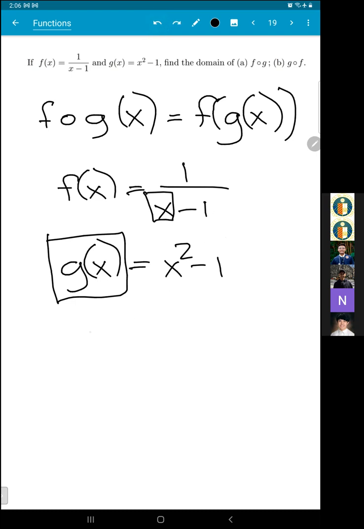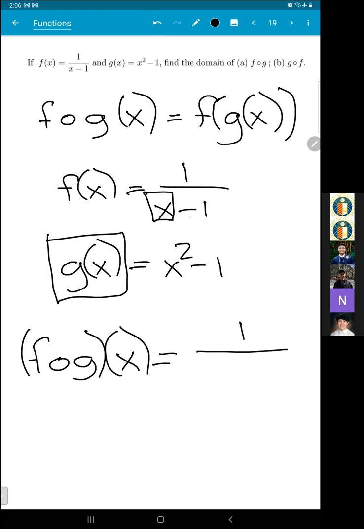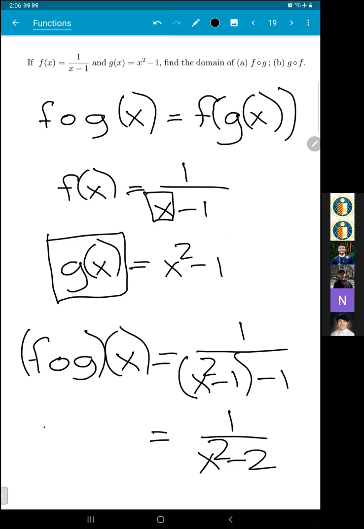So f of g at x would become 1 all over, replace this one by this one, x squared minus 1 minus 1. So that would be 1 all over x squared minus 2. This is your f of g of x.